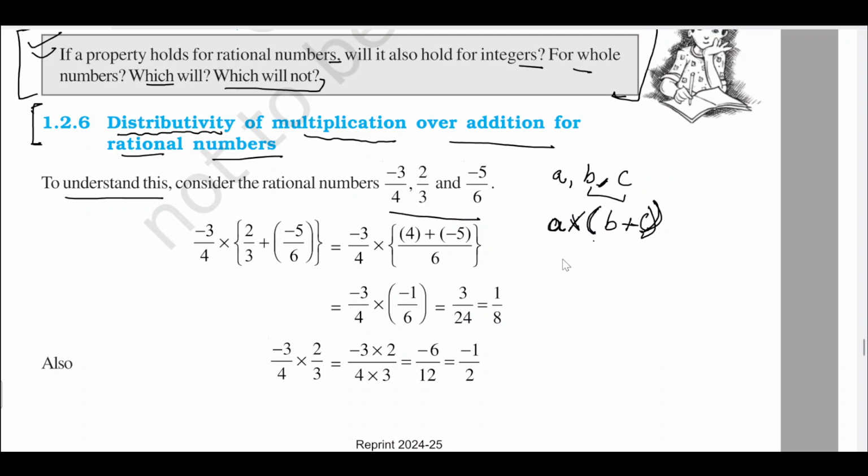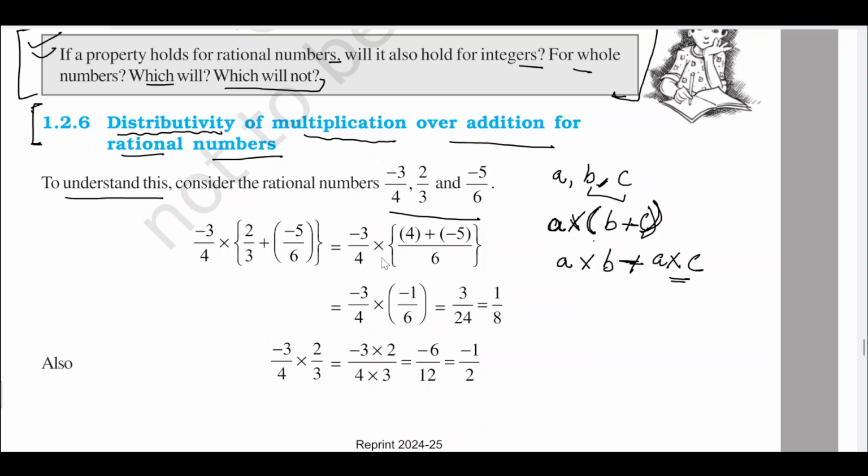If we open the bracket, it will be A into B plus A into C. Okay, so we see here minus 3 by 4 into 2 by 3 plus, inside bracket, minus 5 by 6.